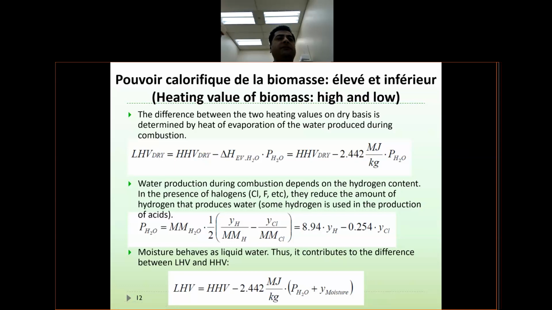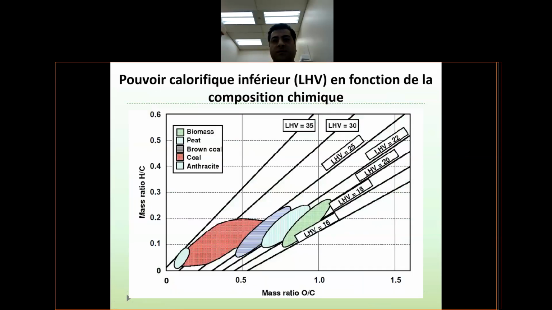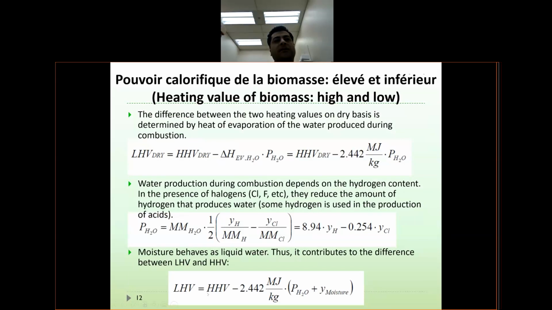But as I said before, biomass has some moisture itself. So if you want the real low heating value of biomass, you have to consider the mass fraction of moisture in the biomass as well. The formula at the bottom shows you how to calculate low heating value by knowing the high heating value and the moisture content of the biomass.